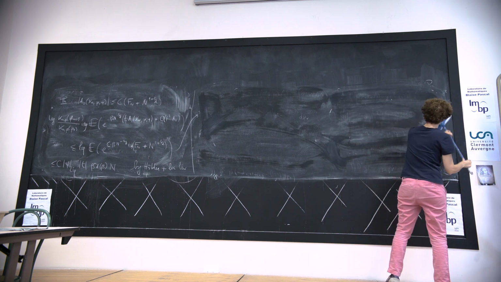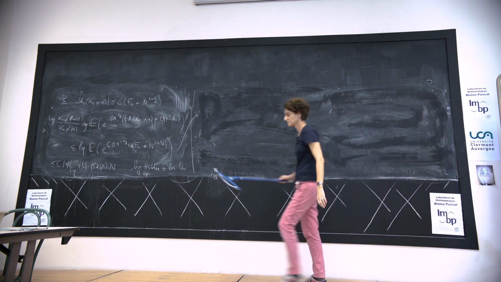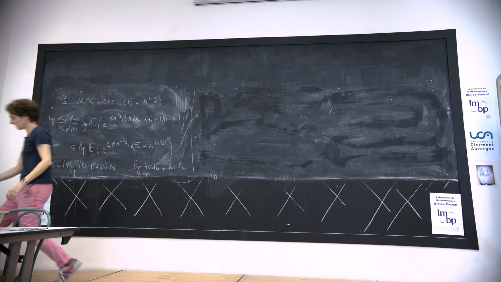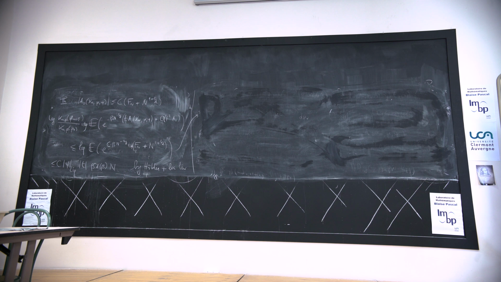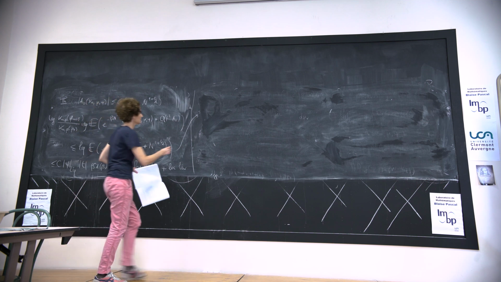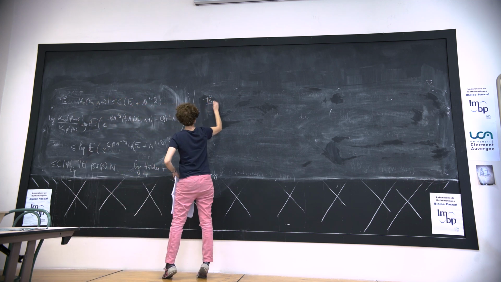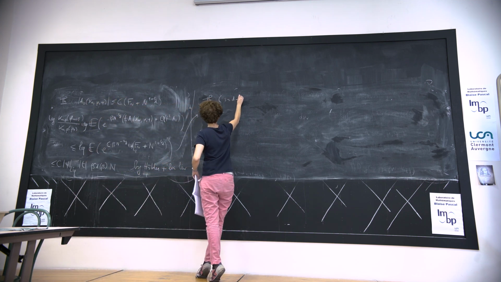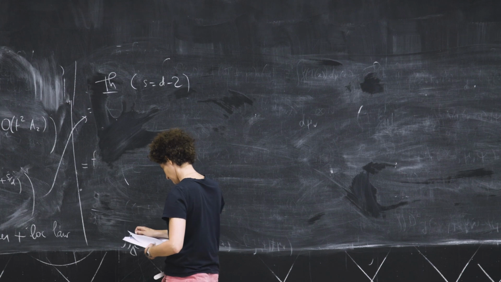And with this, you get a theorem, which I'll give you a glimpse of, which is something like this. It's for all the Coulomb cases, so s equals d minus 2, but it can be in any dimension.